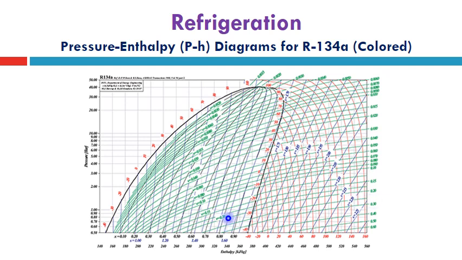The constant specific volume lines are shown in this direction, even inside the wet region and outside in the superheated region, and its values start from here and increase in this direction until reaching specific volume equal 0.02, in units of meter cube per kilogram, and its values can also be read from here on this vertical axis.